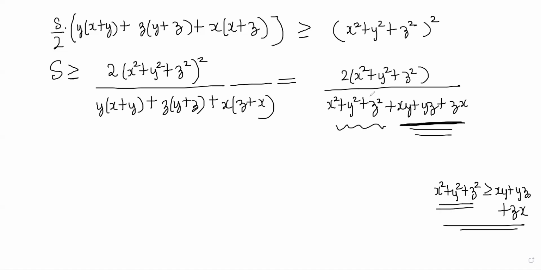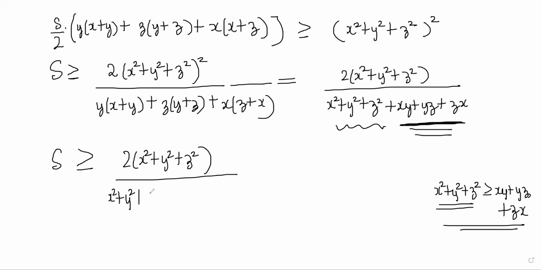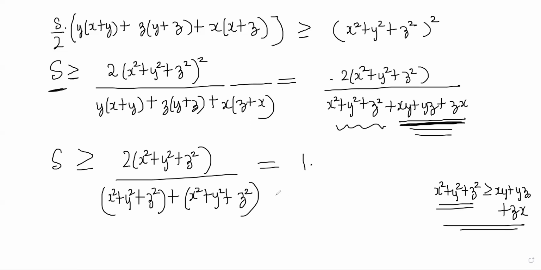So if the denominator is made larger, we can say that S will be greater than or equal to twice of (x square plus y square plus z square) by (x square plus y square plus z square plus x square plus y square plus z square), right? Because when you replace the denominator with a larger term, this quantity is lesser than this. And we already had S greater than this. So S must be greater than this, which is equal to 1.